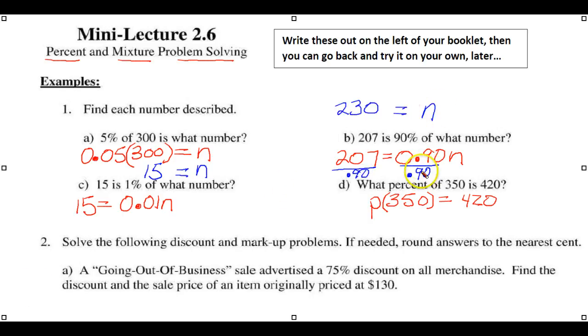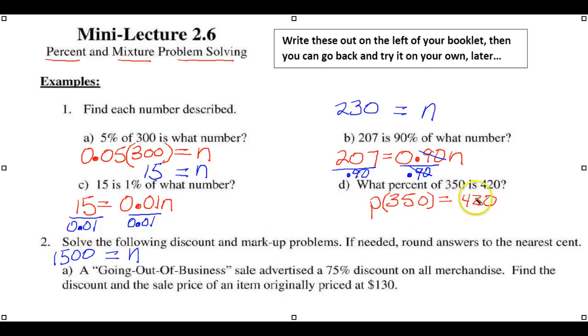So we get n, these just cancel out here, and we divide this by 0.90 and we get n equals 230. Now here, very similar, we're going to divide both sides by 0.01. And we get n equals, when we divide 15 by 0.01, 1500.